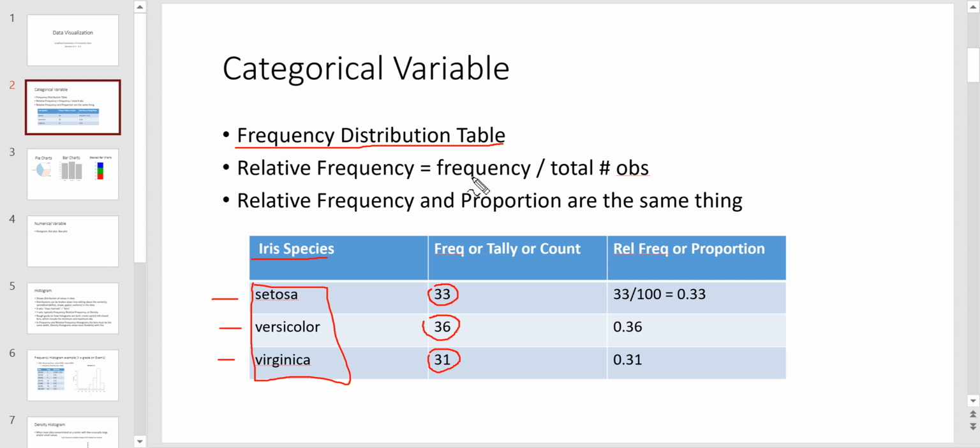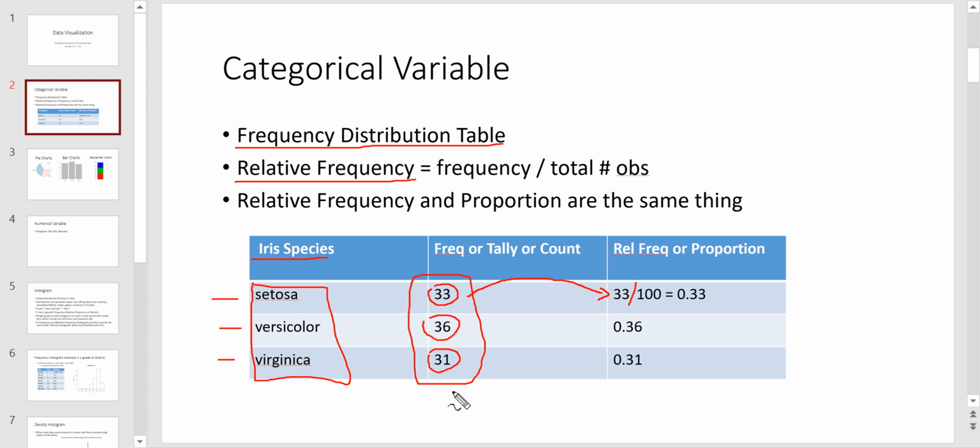Now I could take this one step further and create what's called a relative frequency table. What that will do is take the actual frequencies and convert them to proportions. And how do we do that? Very simply. First we need the frequencies, but then we can take each of the frequencies and divide by n. In this case, n was a nice and clean 100.